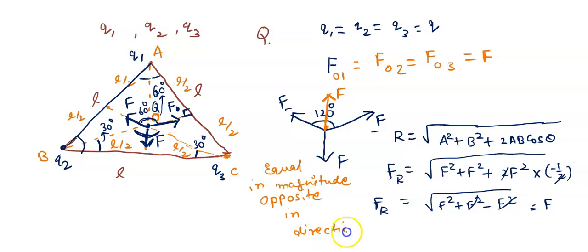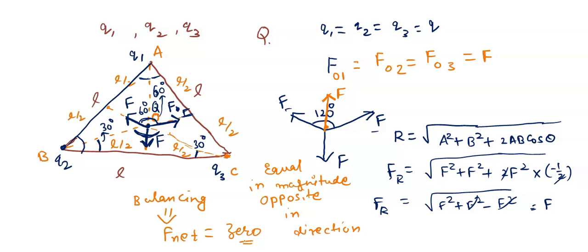So they will balance each other. If these forces are balancing each other, then the net force acting on charge q will be zero. What do you think? Is it zero?